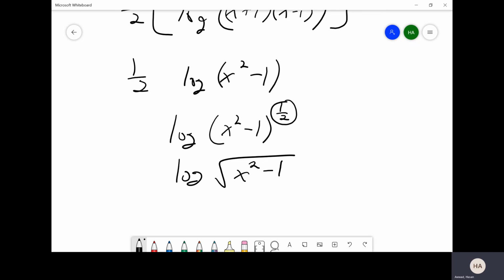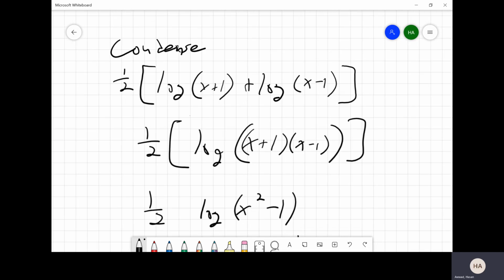Remember, 1/2 implies the root. The 2 tells you the index, so we know that it's a square root, and the 1 tells you the power of everything that's underneath the exponent. So this entire piece is to the first power, which means it's just that entire piece. You can omit the first power.